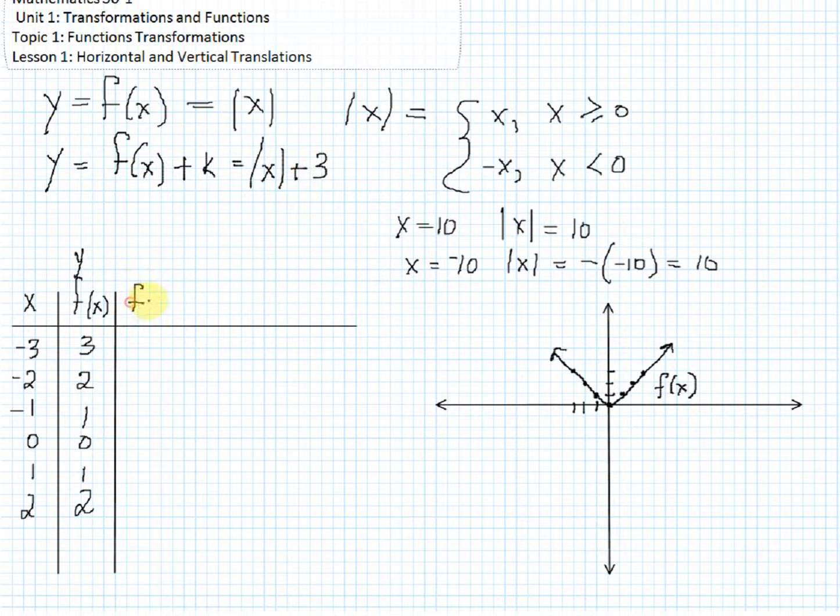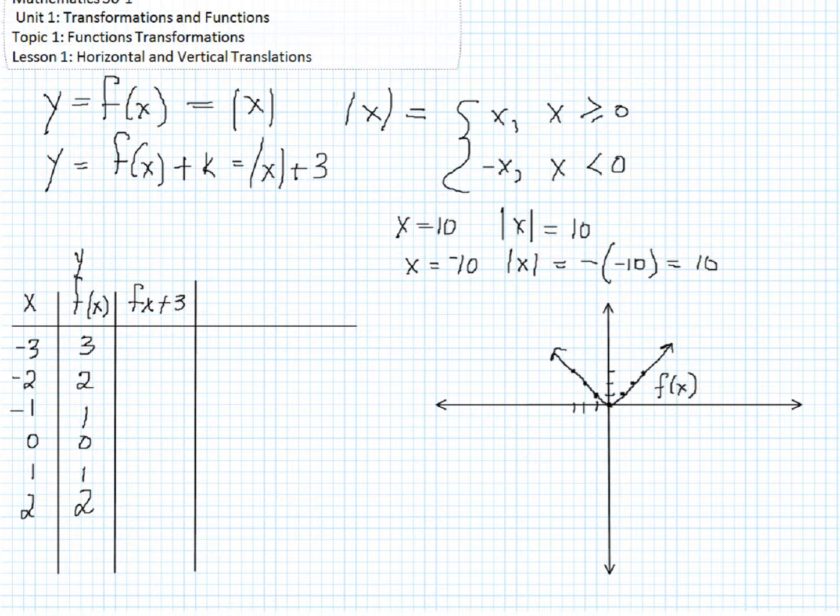So f of x plus 3. We'll create a new column for that, and we'll do this in red so we can distinguish it.